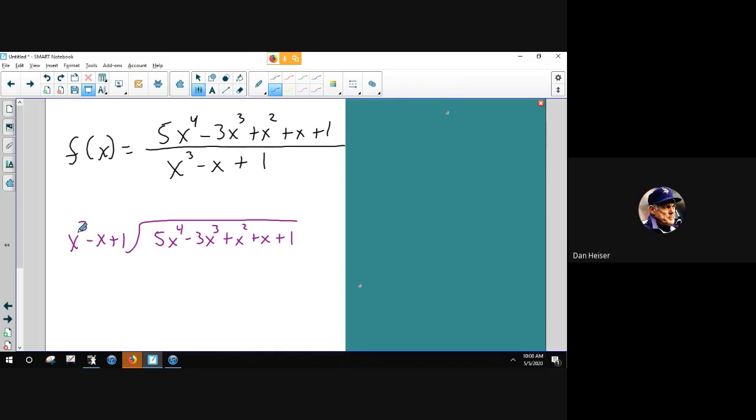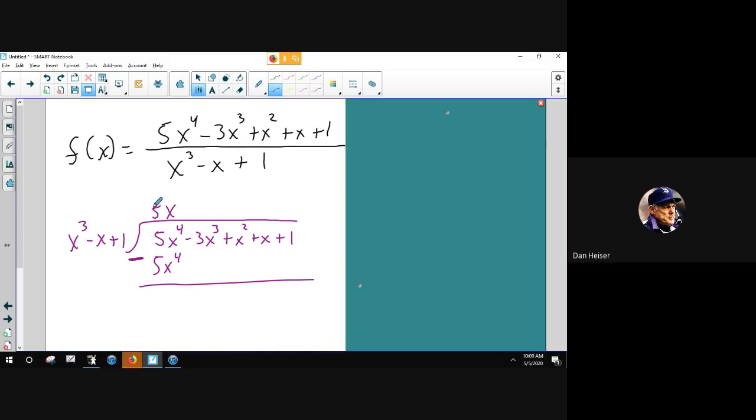Something here times x cubed has to give me 5x to the 4th. So I know it's a power of x, because x times x cubed is x to the 4th. But I also put a 5 there so that when I multiply, I get 5x to the 4th. Big minus. And now when I subtract, those will go away, eliminating that term.